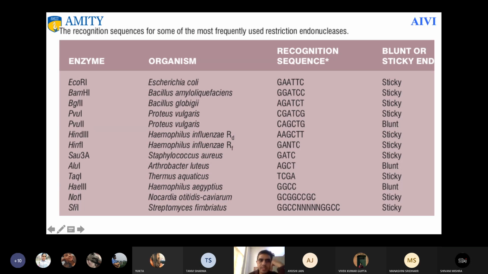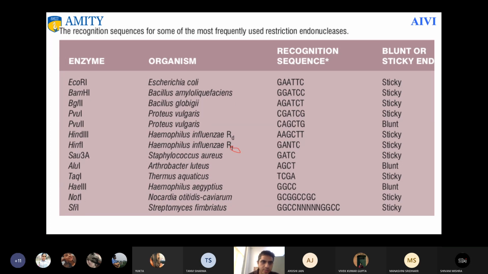Similarly, in HinfI, the genus and species are the same as in HindIII, but the strain changes.